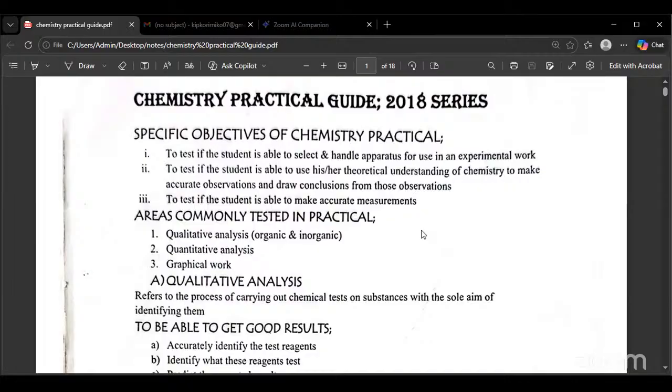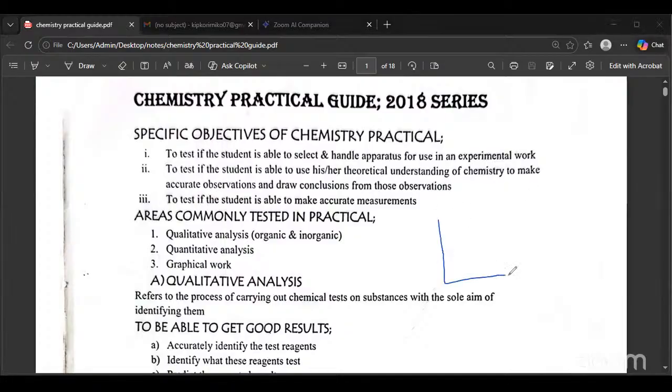And then of course, when you are plotting, do not use dots. Let me just write something. So if you are drawing a graph, number one, you use a pencil. Number two, don't use dots inside the graph. Now, when you want to plot a line, because most of the time it is a line graph. Most of chemistry is line graphs.